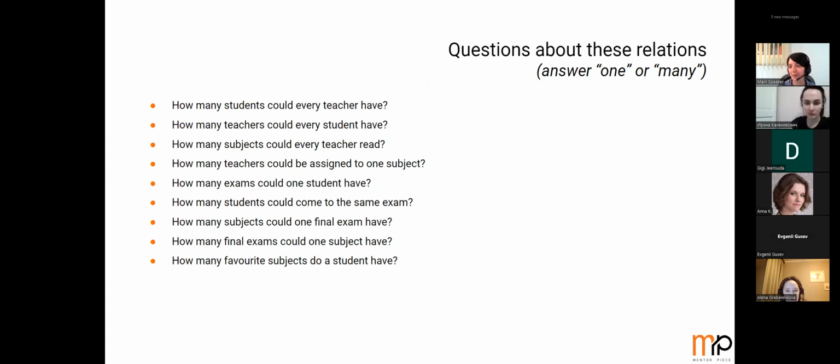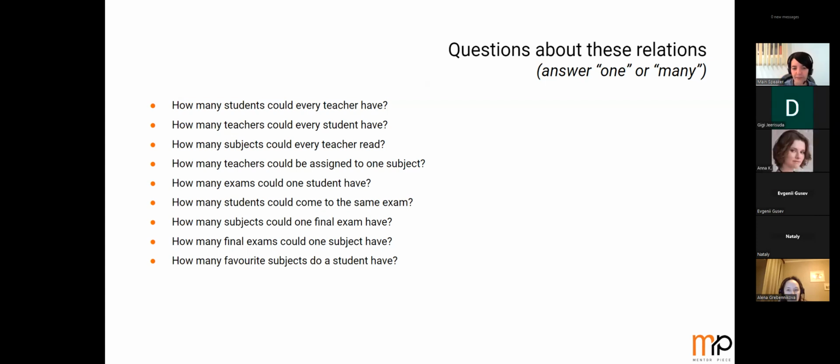Maybe strange questions, but one, yes. But I didn't imagine how to phrase it in a more understandable manner. How many final exams could one subject have? One. And how many favorite subjects does a student have? One. According to this database, one.